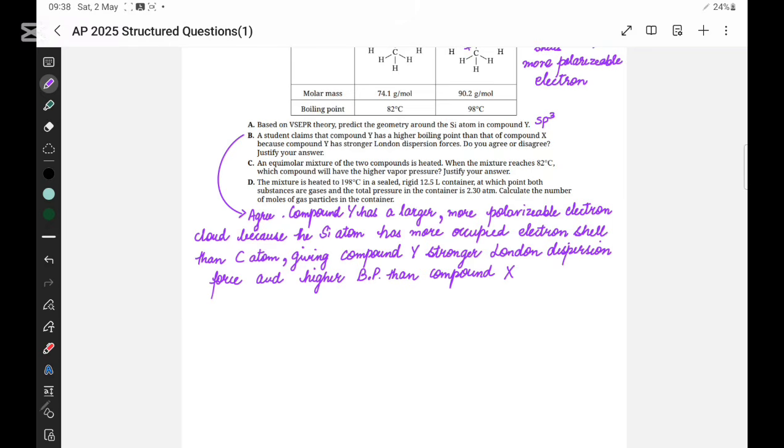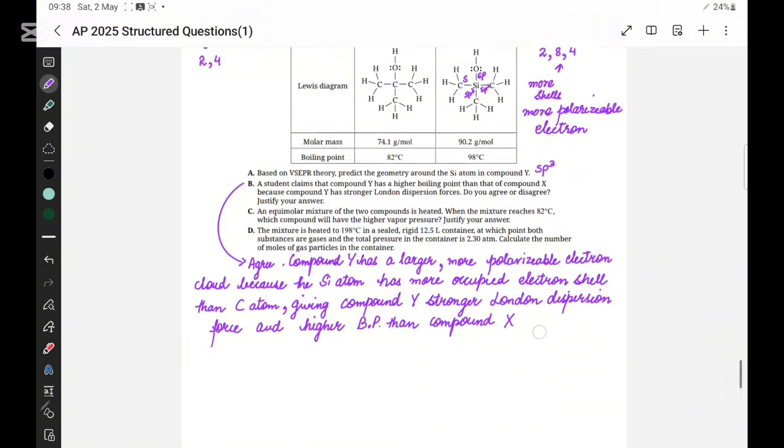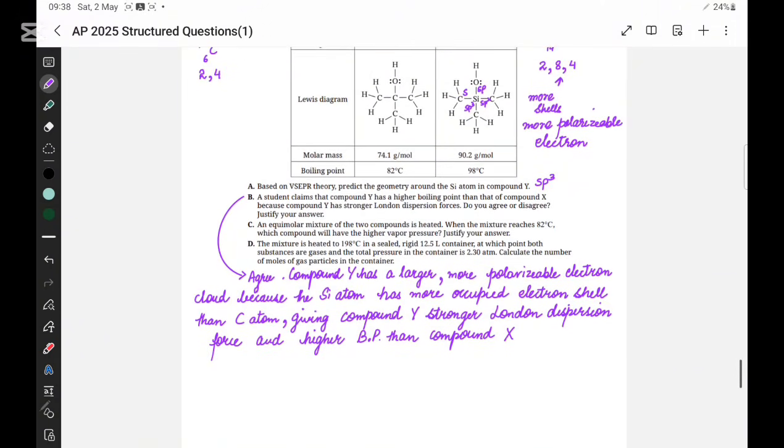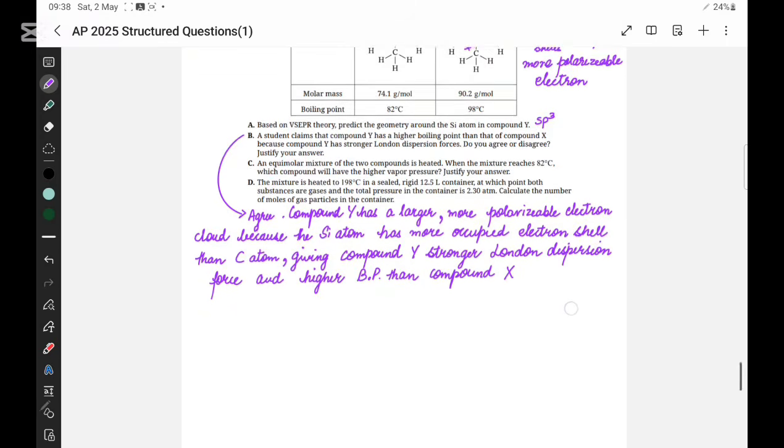This is a correct explanation that we agree with, because compound Y, which contains silicon, has a larger, more polarizable electron cloud, because the silicon atom has more occupied electron shells than the carbon atom, giving compound Y stronger London dispersion force and a higher boiling point than compound X.